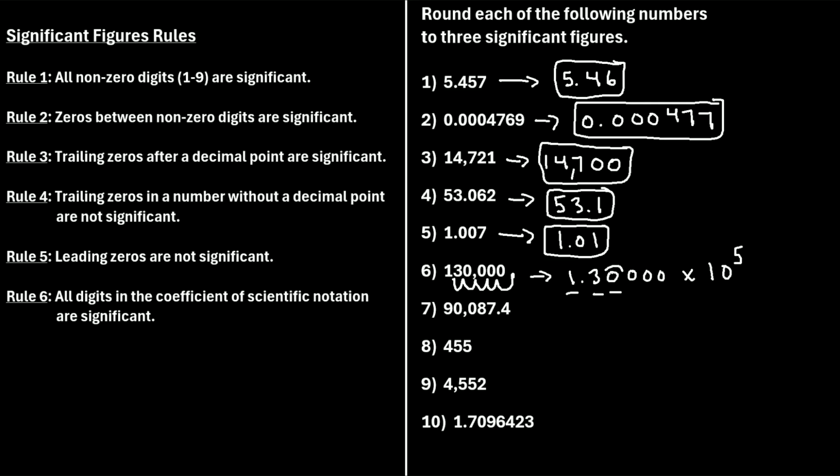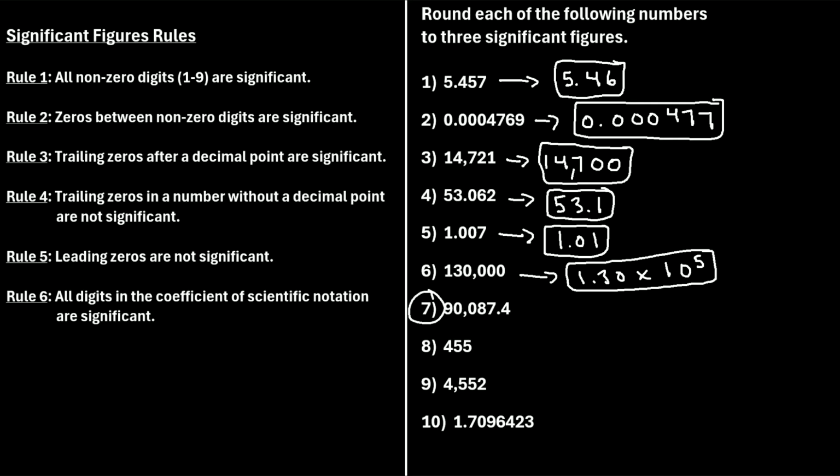So now we identify the third significant figure, and we'll look at the value that comes after it. This 0 tells us to keep this 0 as a 0 and don't round up. So we can write our final answer as 1.30 times 10 to the 5th. And this answer right here has 3 significant figures because all 3 of these digits right here in the coefficient are significant. So I'm going to rewrite that right here so we have a little more space.